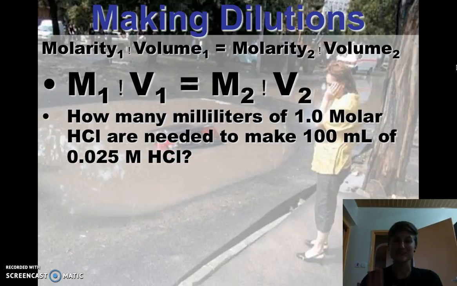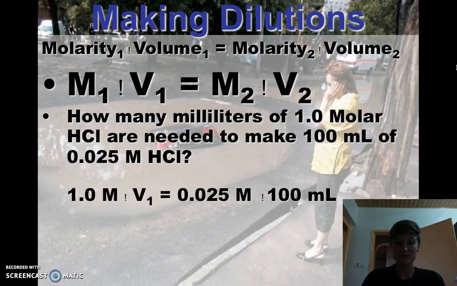All right, so here we go with another example. So I want to know how many milliliters now, okay? So our volume is in milliliters. How many milliliters of a 1 molar solution of HCl are needed to make 100 milliliters of 0.025 molar HCl, okay?